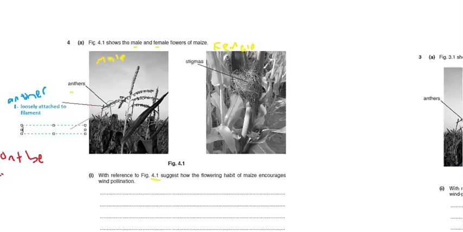So the second point will be anther attached to a long filament outside the plant. It's almost outside the plant. The plant is over here, this is very far away, and there is a long filament, as you can see over here. So hope I made that point clear as well.